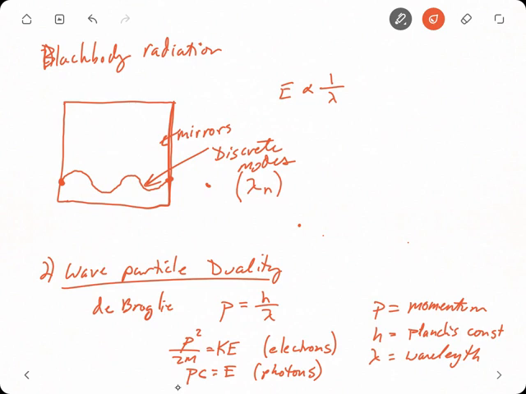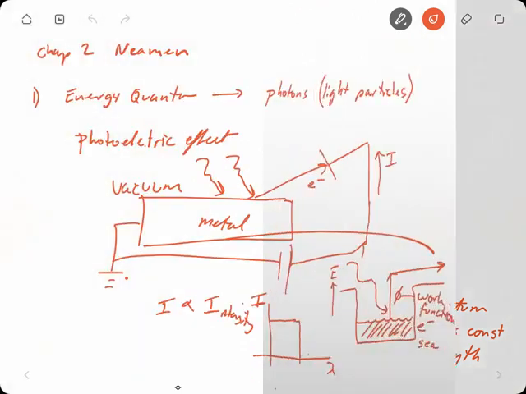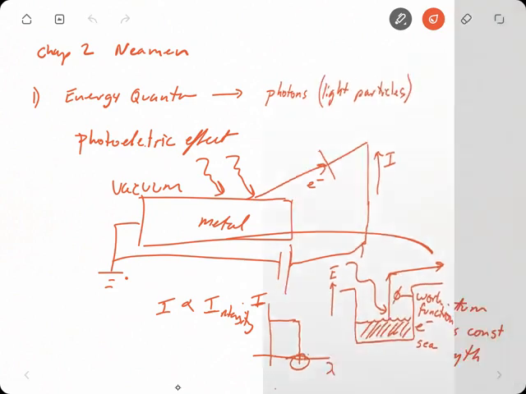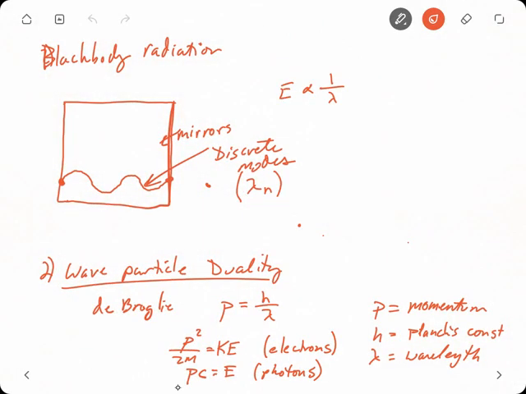And therefore, you could figure out that if we go back also to the photoelectric effect, the fact that there's this cutoff wavelength here tells you that the photon energy had to be higher than the work function in order to eject electrons.